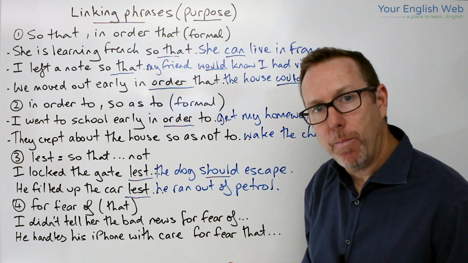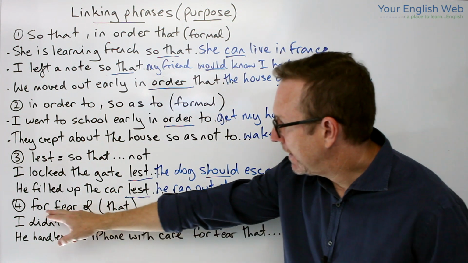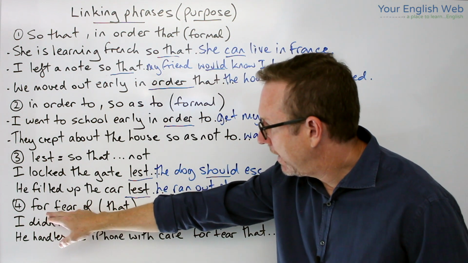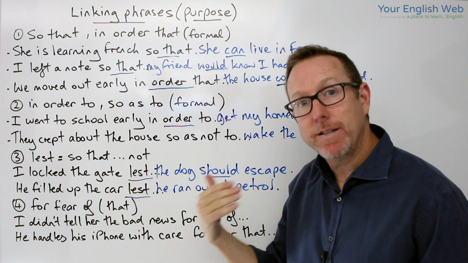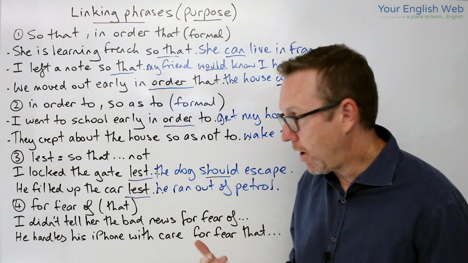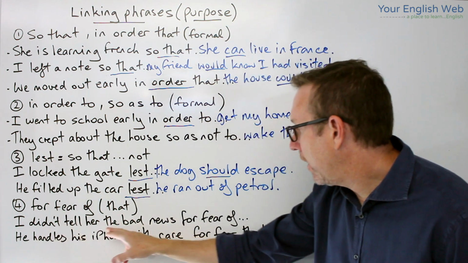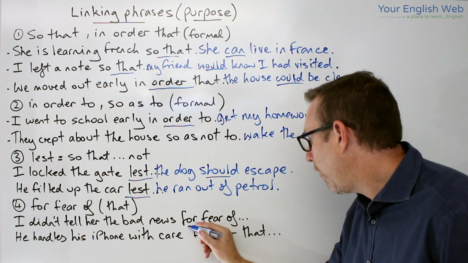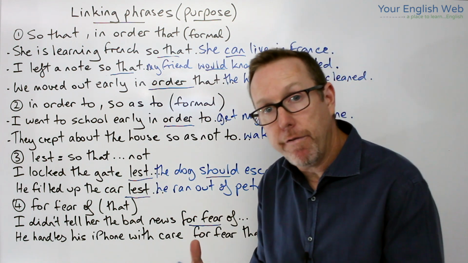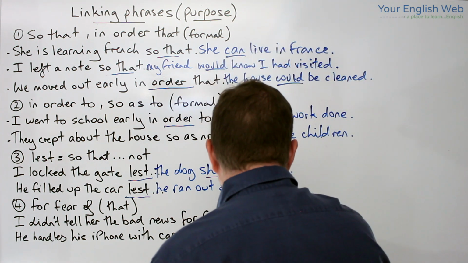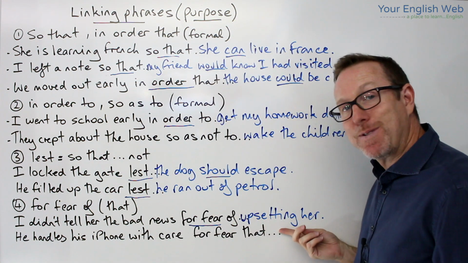Now the next one is for fear of or for fear that, okay? Again, quite formal, not very common. You don't often hear people using this particular structure here or this particular linking phrase, but again, in advanced exams, you might need to know how to use it or how to construct it. So for fear of or for fear that, I didn't tell her the bad news for fear of upsetting her.